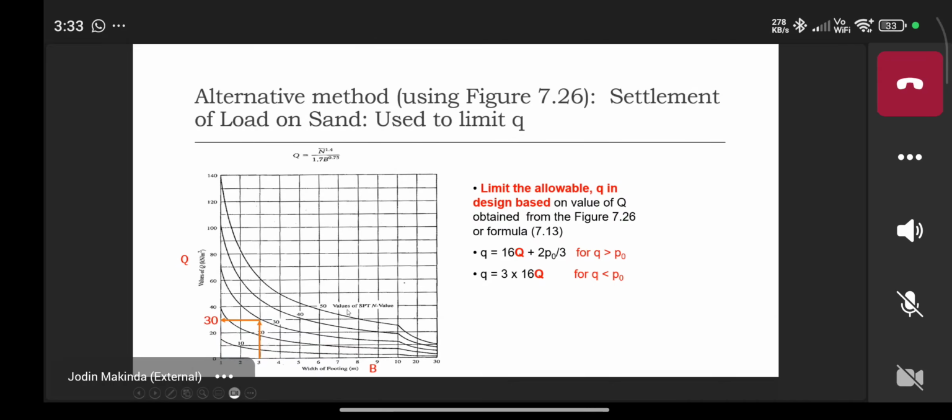Another method is using this figure. The x-axis is the width of the footing, and the y-axis is the value of the Q. If we know the width of the footing, we scale off to the value of the SPT, and then obtain the value of the Q, and use it to find the allowable design.